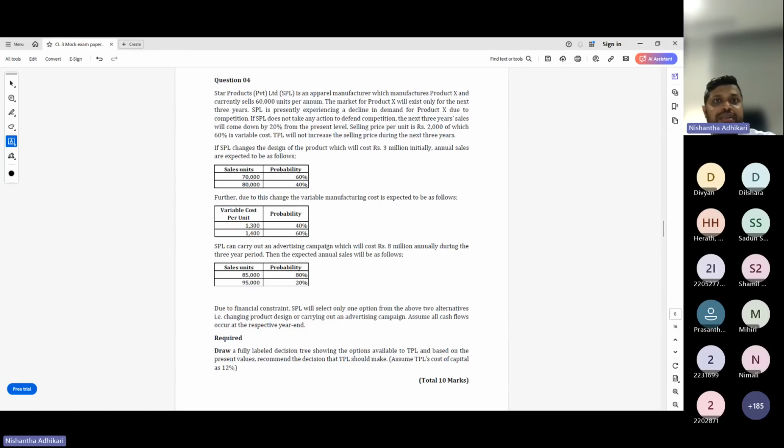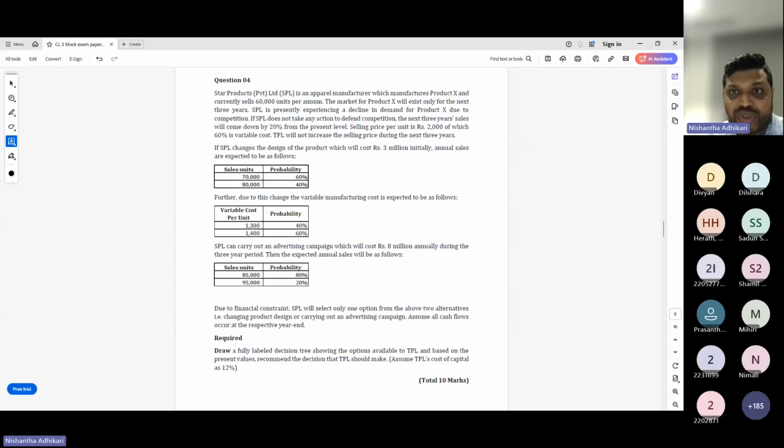Star Product Private Limited is an apparel manufacturer which manufactures product X and currently sells 60,000 units per annum. The market for X will exist only for the next 3 years. SPL is presently experiencing a decline in demand for product X due to competition. If SPL does not take any action to defend against the competition, sales over the next 3 years will come down by 20% from the present level.